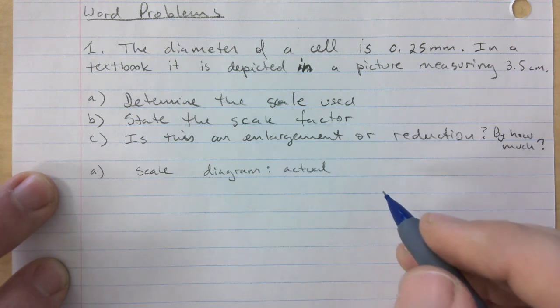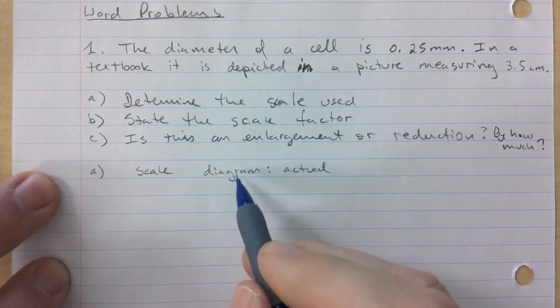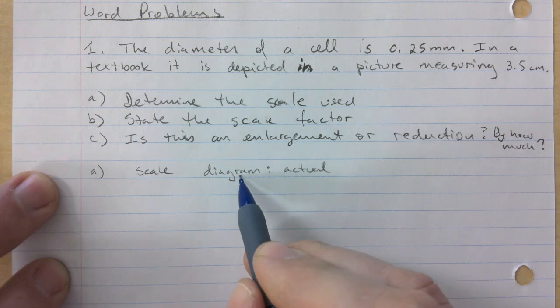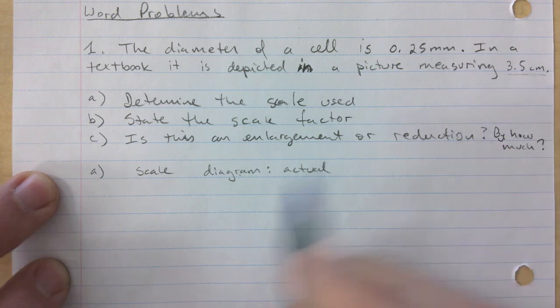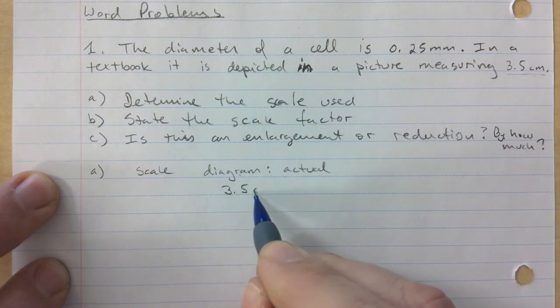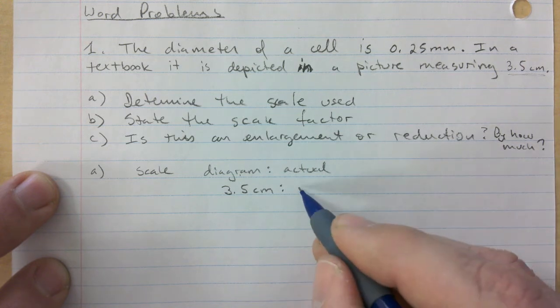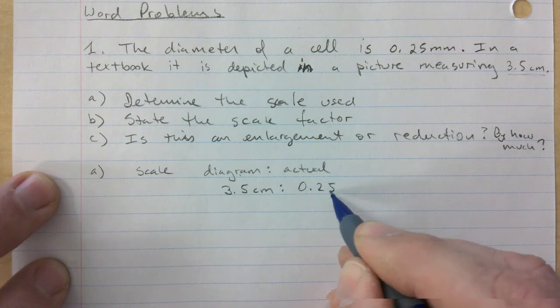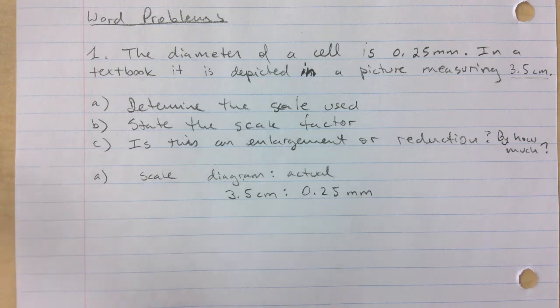Or you can think of new and original. However, we're not making copies of an object, right? We're just talking about the same thing, but in different scenarios, okay? So the diagram would be your picture in this case. It would be the 3.5 centimeters. So we go 3.5 centimeters, make sure you add the units here, and your actual measurement of that cell is 0.25 millimeters, okay? And you're basically done.